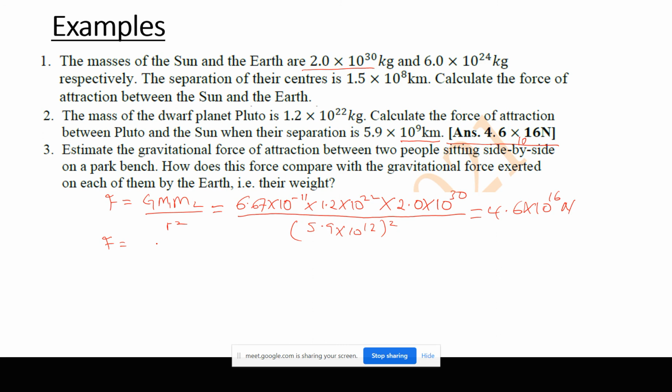What is the estimate? That I do not know. Estimate the gravitational force of attraction between two people sitting side by side on a park bench.